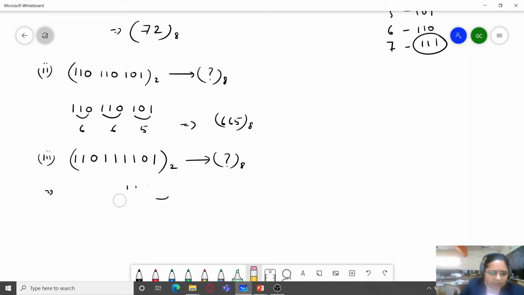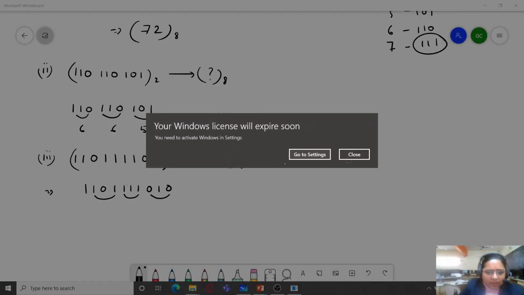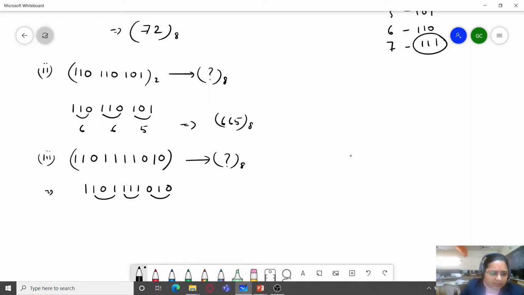Let me just change the number and increase the number of bits. So I'm going to increase one more bit over here, and let me write the number now. So I start grouping them in groups of 3, and now you can see that only one is left over here. So this is one leading one, and in order to group it, I will add 2 more leading zeros before this and group it.